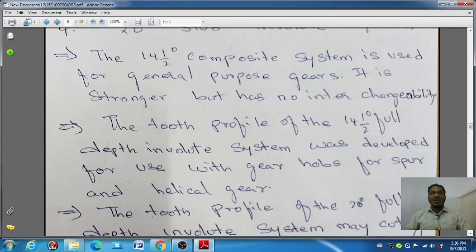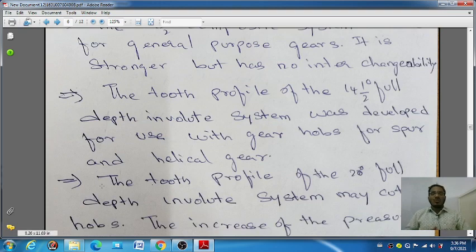The 14 1/2 degree composite system is used for general gears, and it is stronger but has no interchangeability. It means that if the angle of the teeth is 14 1/2 degrees, the teeth are stronger compared to the others, but there is no interchangeability.